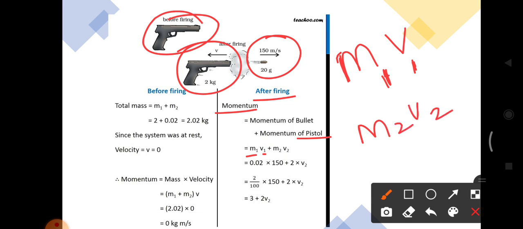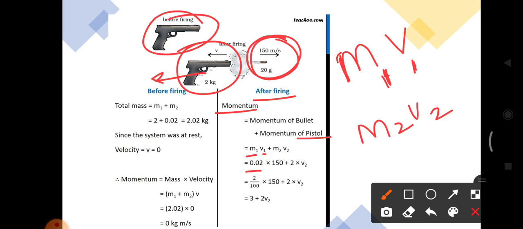The mass of the bullet is 0.02 and its velocity is 150 meter per second, so into 150, plus the mass of the pistol 2 kilogram into the velocity of the pistol, which we have to calculate.